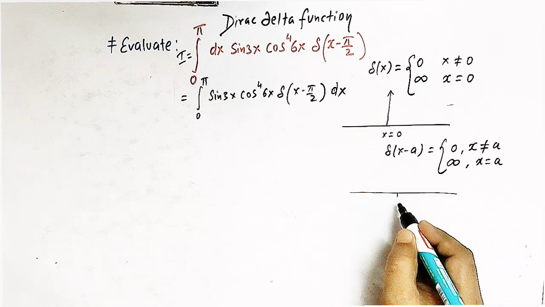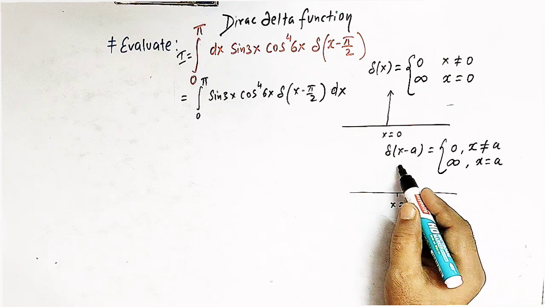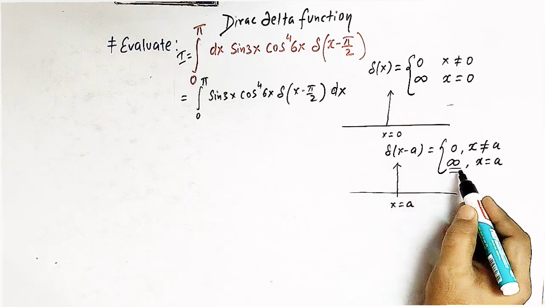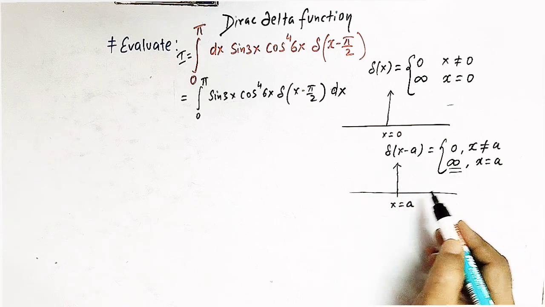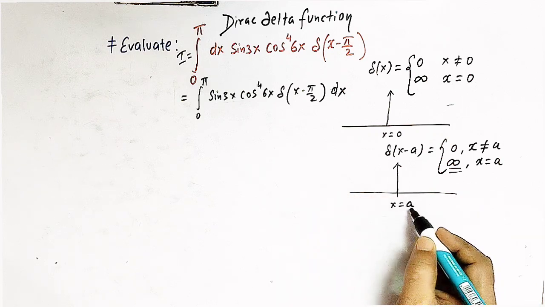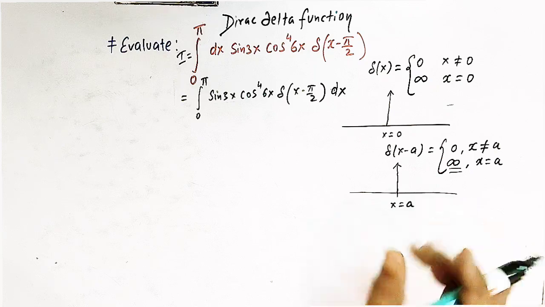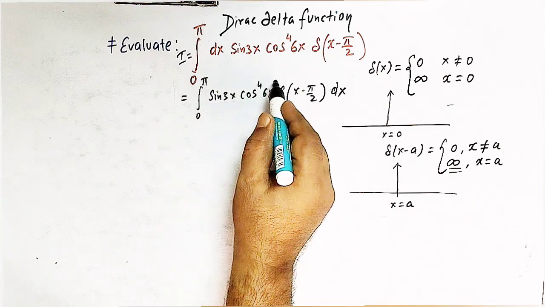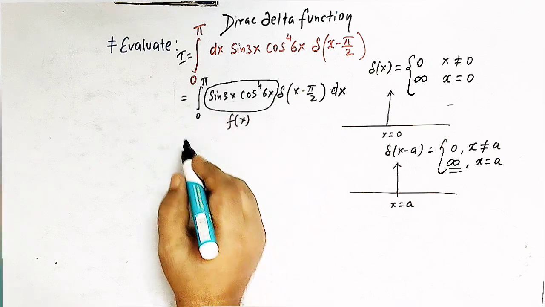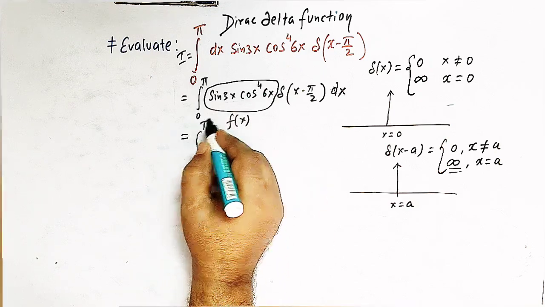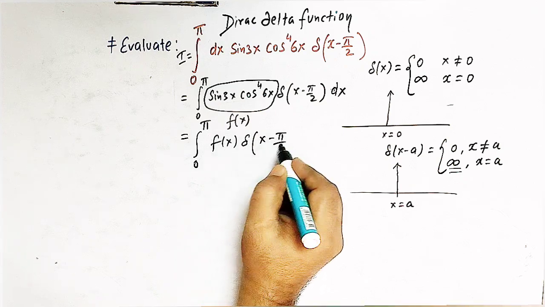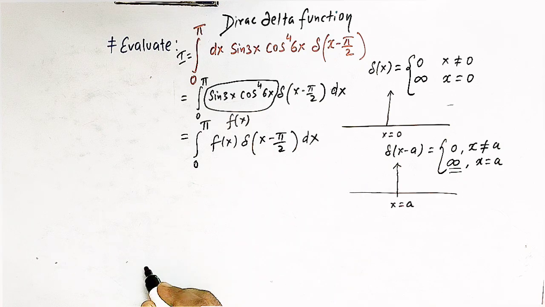So here we have x equal to a, and the peak, the spike, of delta of x minus a is infinity for x equal to a, and for all other points except x equal to a, the delta function is 0, right? So if we take this function as f of x, then we have the integral from 0 to pi of f of x and delta of x minus pi by 2 dx, right?